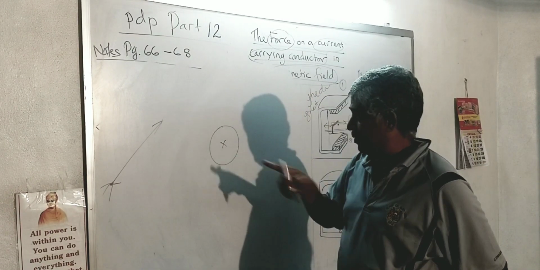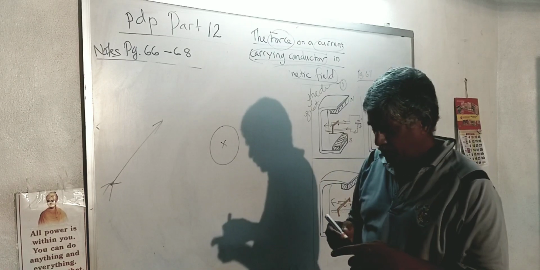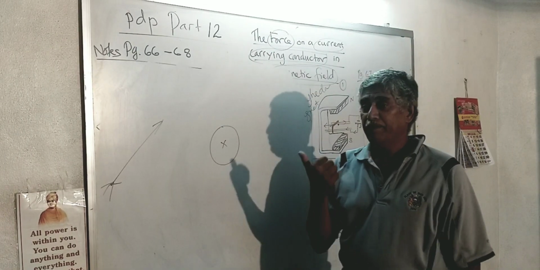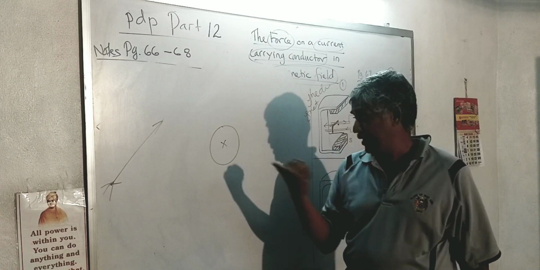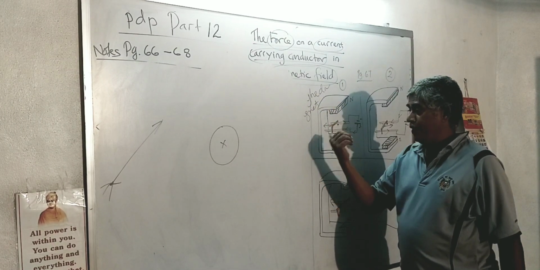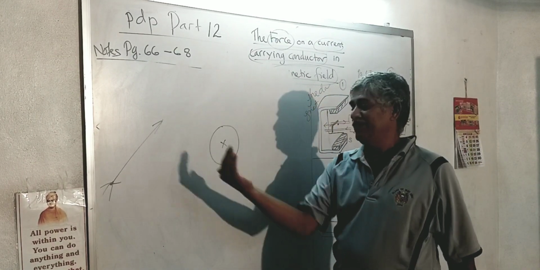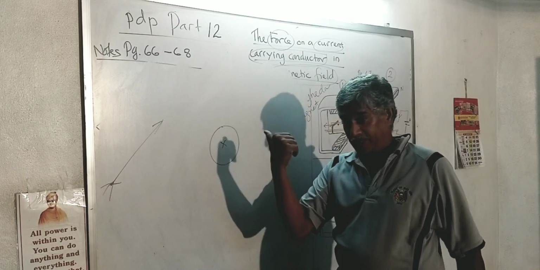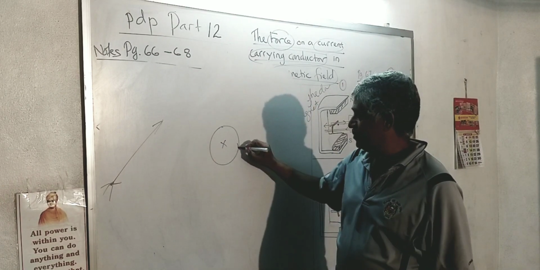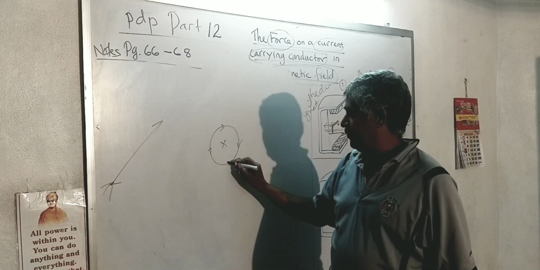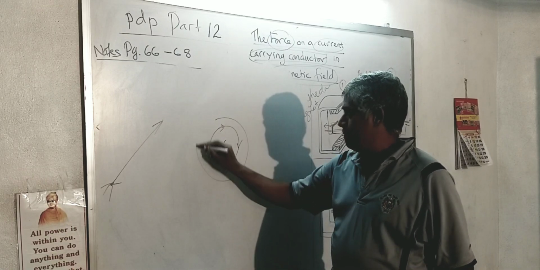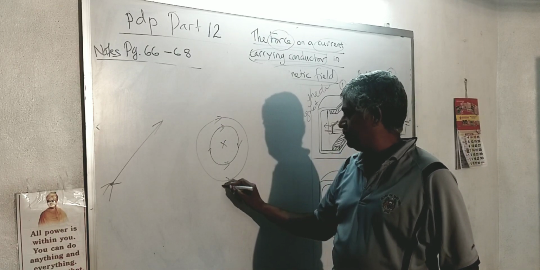The tail part is here, so it means the current is entering. When the current enters, based on your right hand grip rule in this conductor, what is the direction of the field? Clockwise, correct? It is clockwise. So this is the direction of the field.